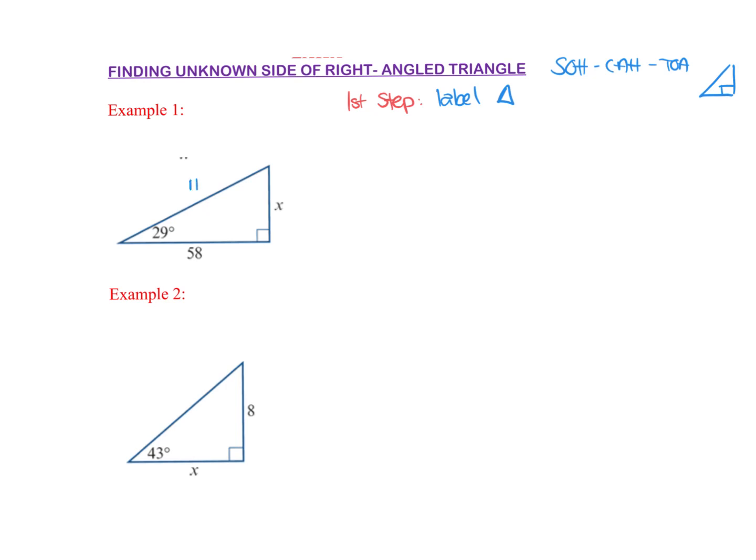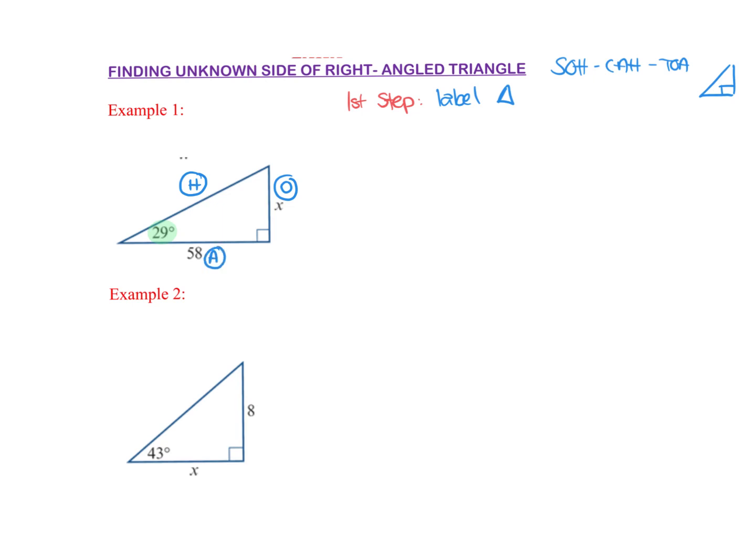I often find it's easier to label up the hypotenuse first, which is opposite that 90 degrees. Then we look at where the angle is, and the side opposite that angle they gave us is the opposite, and the one next to it is called the adjacent.